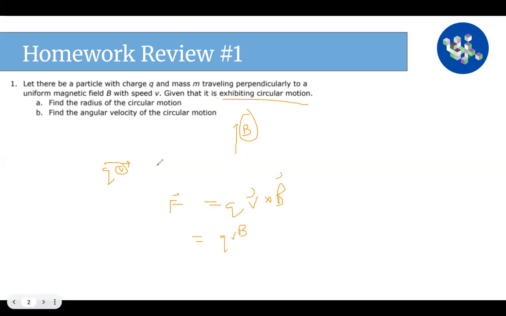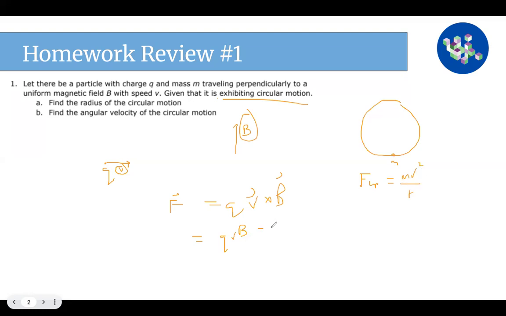And I also know that the particle is going under circular motion. And remember that back in the mechanics days when we had a particle with a mass m doing circular motion, the centripetal force needed for it to have circular motion would be F_CP, which equals m v squared divided by r.